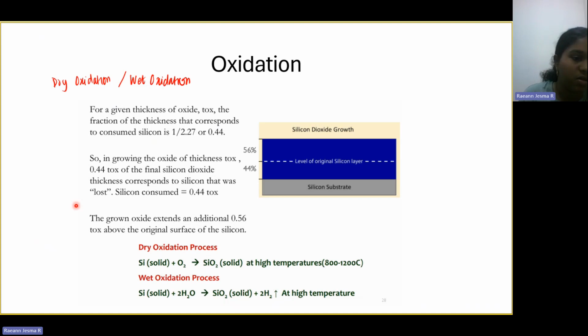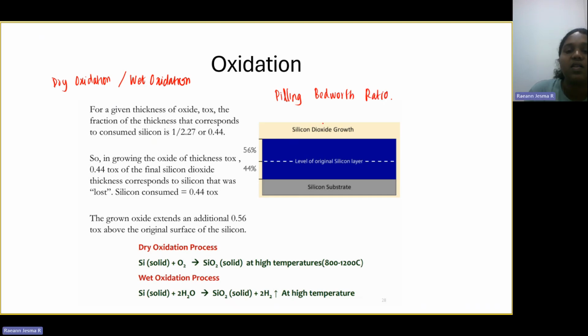Whether it is dry or wet oxidation, the silicon dioxide will grow on the surface of silicon, and there is something called the Pilling-Bedworth ratio.